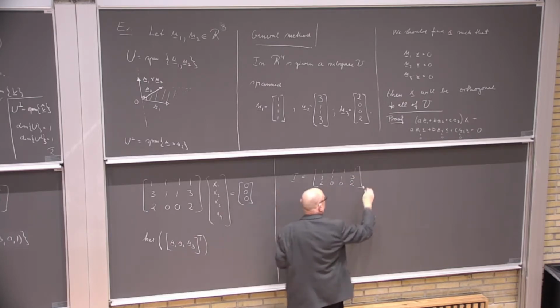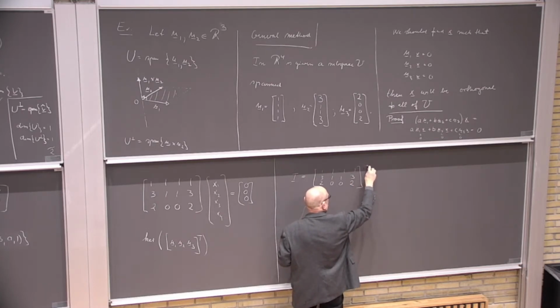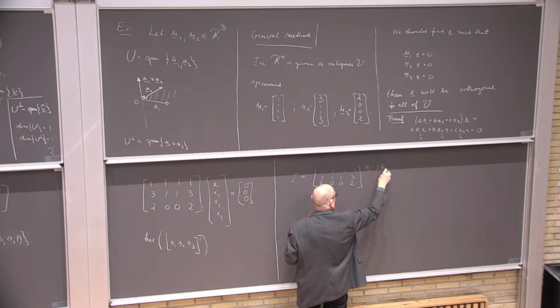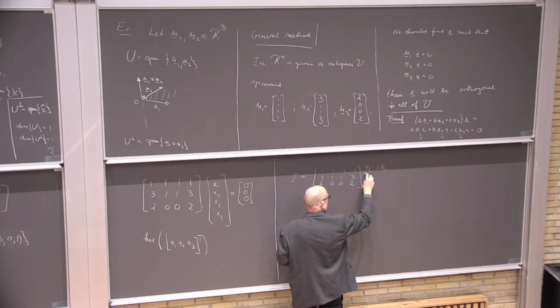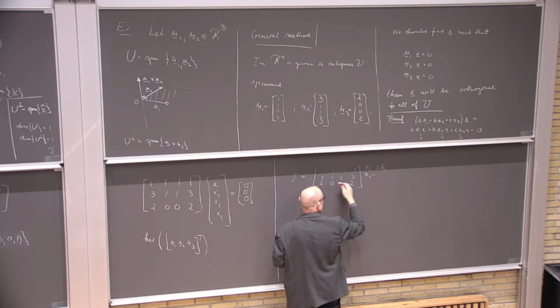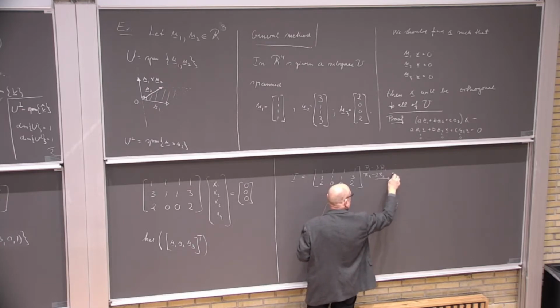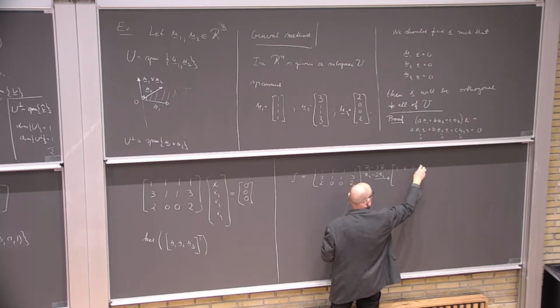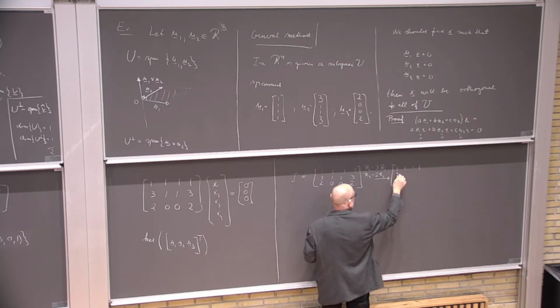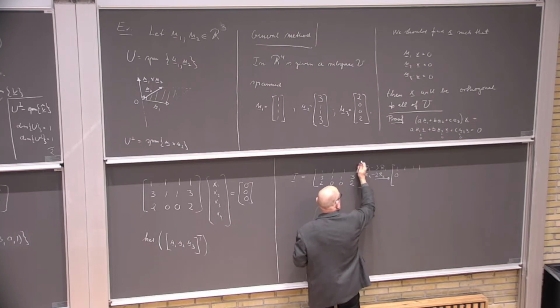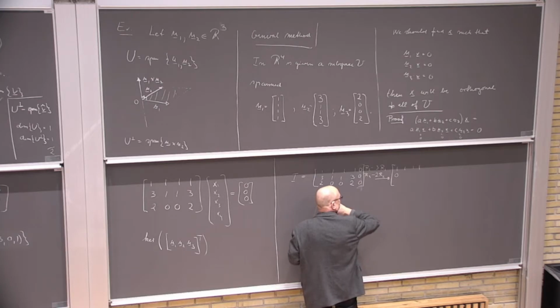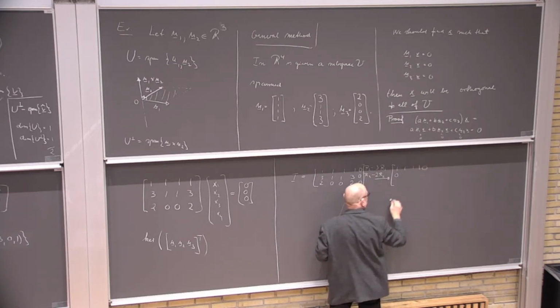And if you take R2 minus 3R1, you get a 0 here, and R3 minus 2R1, you get a 0 in the third row. You get 1, 1, 1, 1, and then you get 0 on the right-hand side, because I called it an augmented matrix.